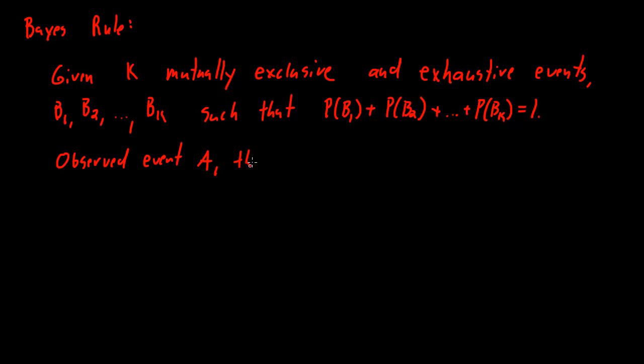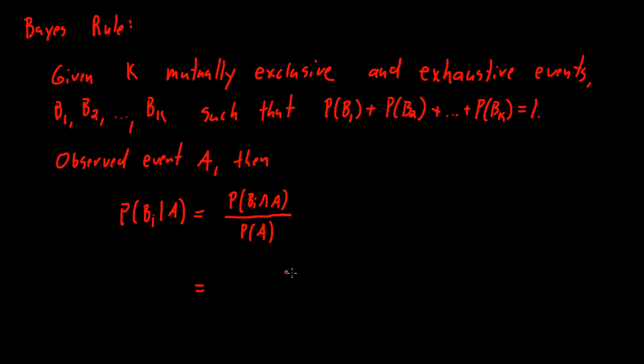then we know that the probability of B sub I given A is equal to the probability of B sub I intersect A divided by the probability of A. And we can use our conditional probability rule to expand out these formulas. So we're going to do that.